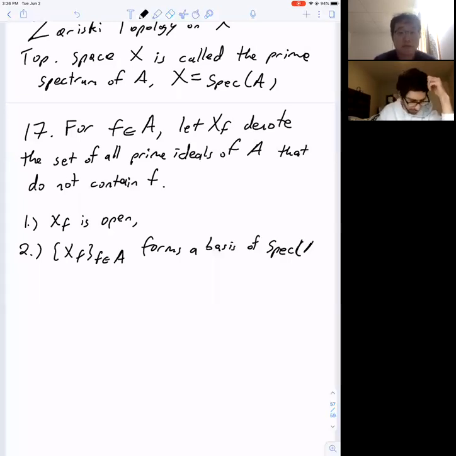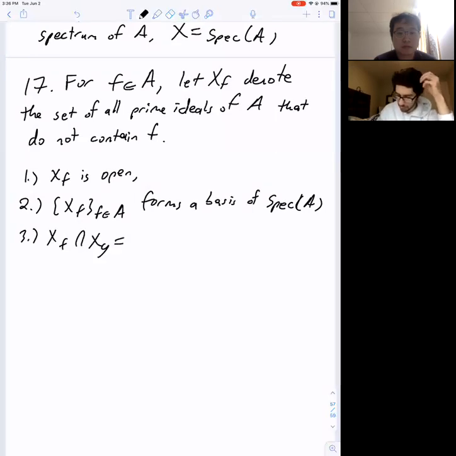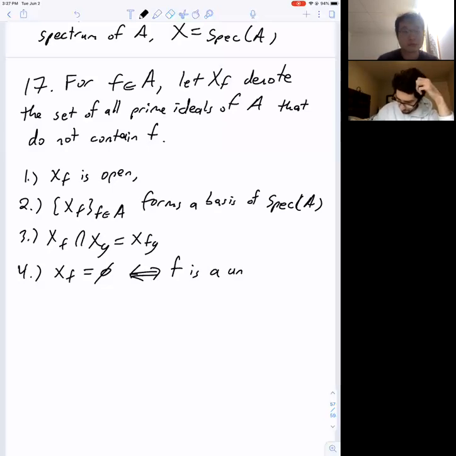And we have to prove that intersections behave nicely. We have to know when an open set is the empty set. We have to know when the open set is the whole set.